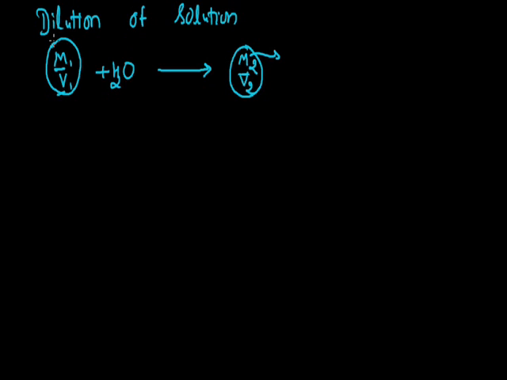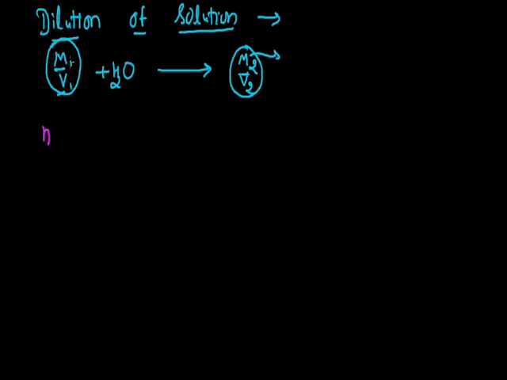In this segment, we will be dealing with dilution and how the molarity of the solution gets affected. As we know, molarity and volume both get affected when we add water. But the one thing which remains unaffected is the moles of the solute. The moles of the solute, which depend on the mass and the gram molecular mass of the solute, will not be affected by adding or removing water.